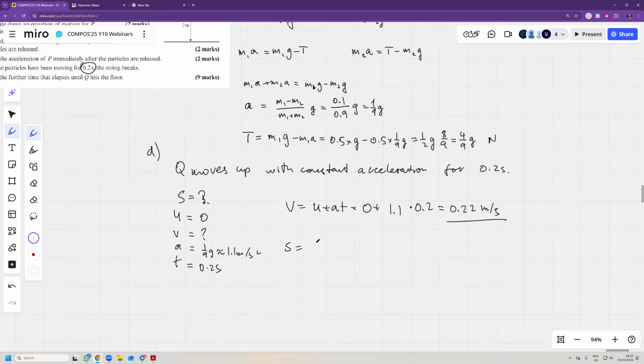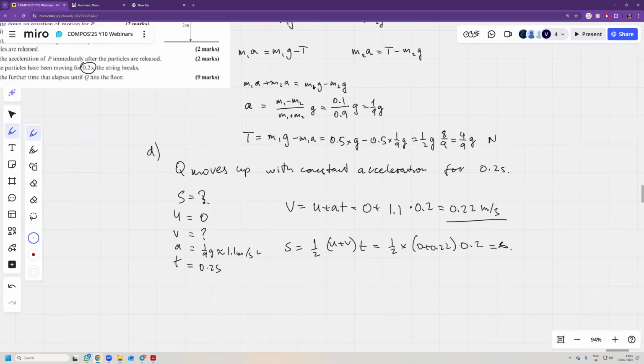And displacement, well, we can use 1/2 times u plus v, times t. So 1/2 multiplied by 0 plus 0.22, times 0.2, so times 0.1.